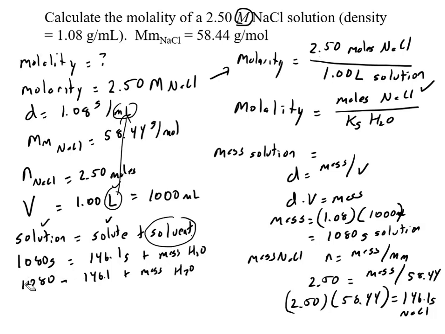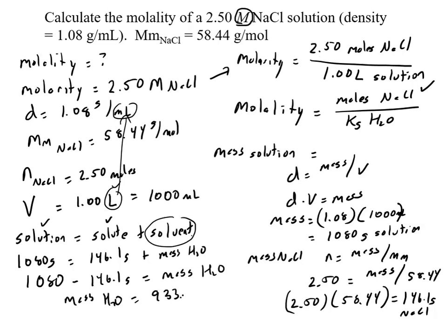I'm just making a mistake here. 1,080 minus 146.1 grams is equal to the mass of water. So the mass of water is going to be 933.9 grams of water.